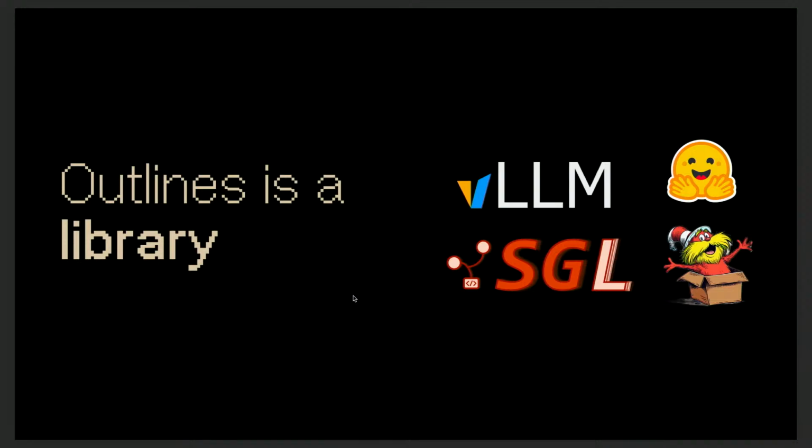You can include Outlines in your workflow, and it's not like frameworks where you have to make your workflow fit inside a framework. I think as a result, it's been adopted by vLLM and TGI in the serving frameworks. And if you use function calling in either of these libraries, you're actually using Outlines under the hood.